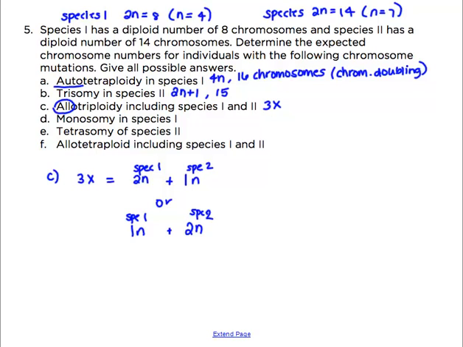Okay, so let's find both of these answers. So if you have 2n of species 1, that would be 8, right, because that's their diploid number, and 1n of species 2 is 7, so that gives you a total of 15 chromosomes.